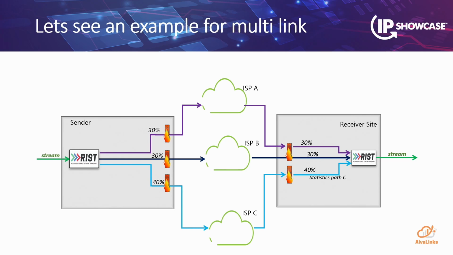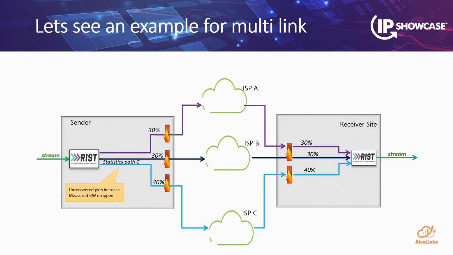So let's see an example. In this example, we start with a spread of 30% over ISP A, 30% on ISP B, and 40% on ISP C. That is how we decided to do it. We don't know the bandwidth, but that is our initial decision. So we start. We sent a report over stream C, everything is okay.